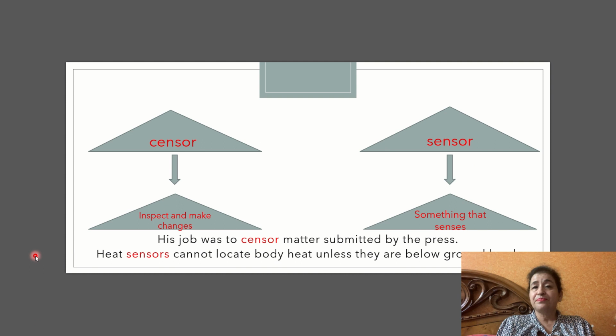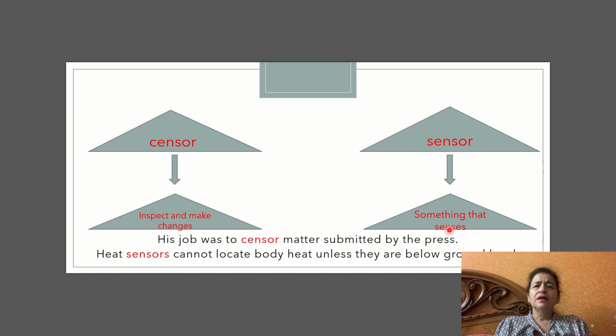Again homonyms. C-E-N-S-O-R and S-E-N-S-O-R. Censor is to stop, or to inspect and make changes, and that is C-E-N-S-O-R. And when you talk about sensor, S-E-N-S-O-R, that is something which senses.